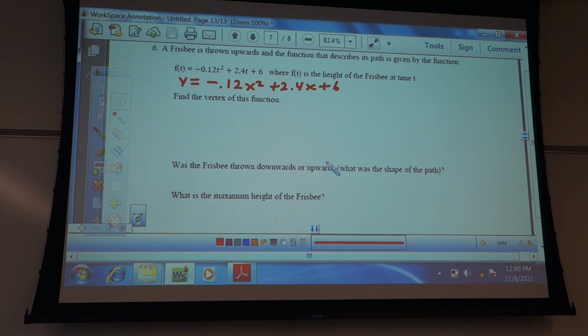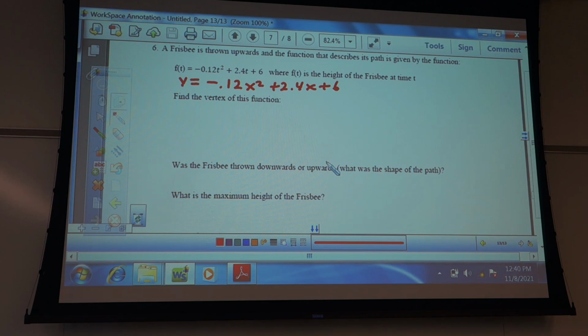Find the vertex. You all know how to find the vertex. If not, then you should have that on your half-page of notes. Right, the vertex is negative b over 2a. If you don't have it on your note card, you should be making your note card. Get a scratch piece of paper right now and write down the stuff you're going to need, like the vertex, negative b over 2a.